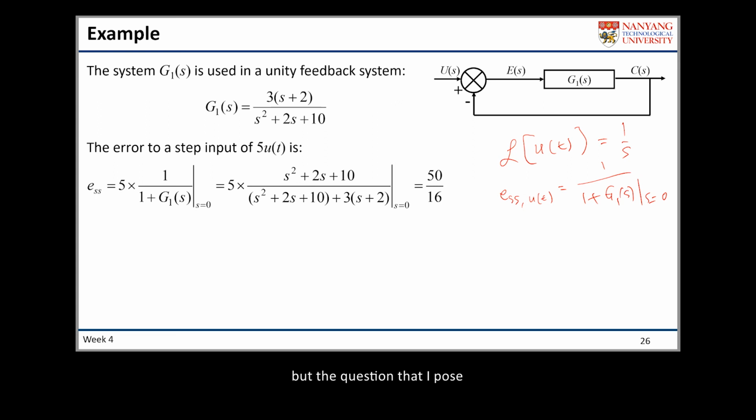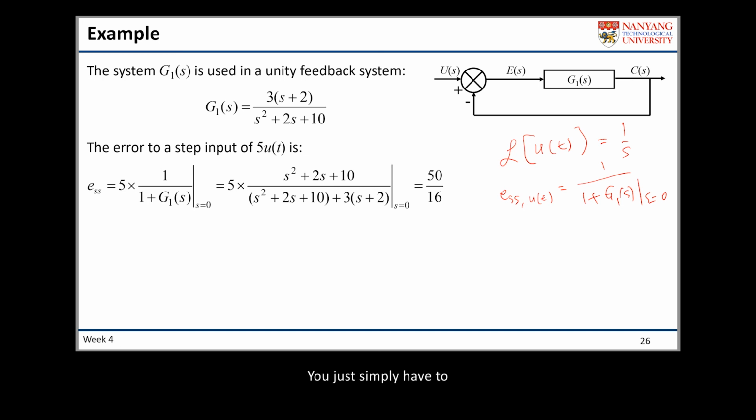But the question that I pose in this example is, we are going to evaluate the steady state error when 5 times a step input is given to the system. So the input now given to the system is 5 times a unit step. How to do that?